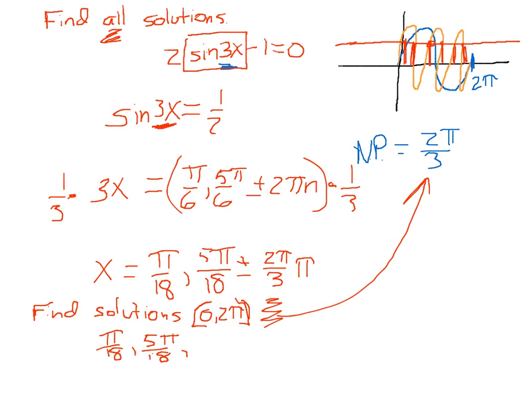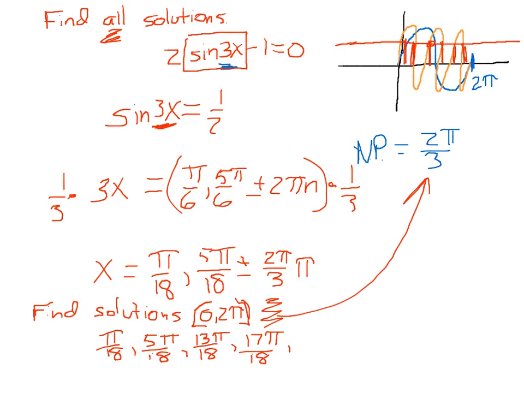To find the rest, we just add in our period, and 2 pi over 3 becomes 12 pi over 18. So my next two solutions in line are going to be 13 pi over 18, which is pi over 18 plus 12 pi over 18, and 5 pi over 18 plus 12 pi over 18 gives me 17 pi over 18.